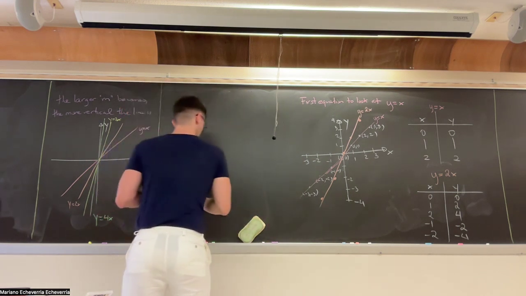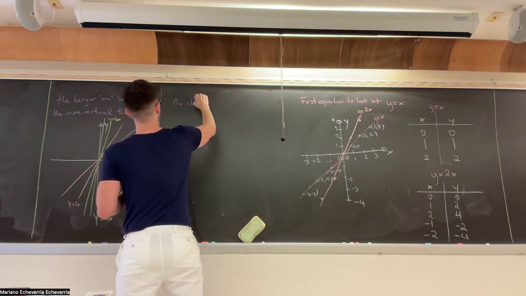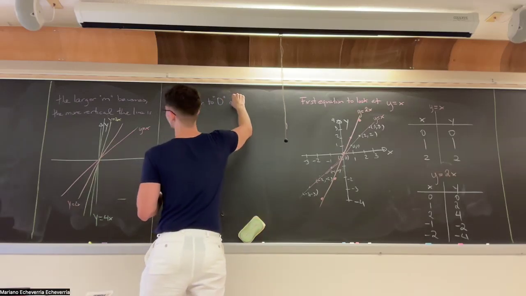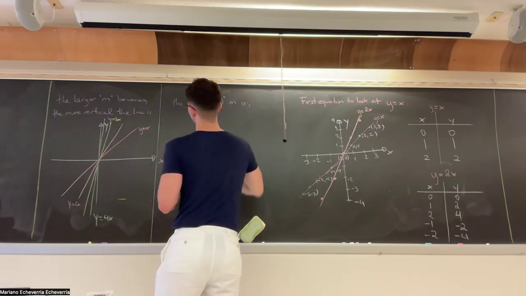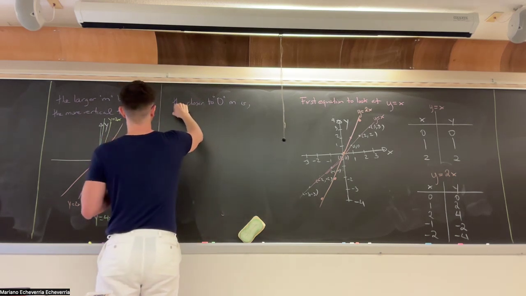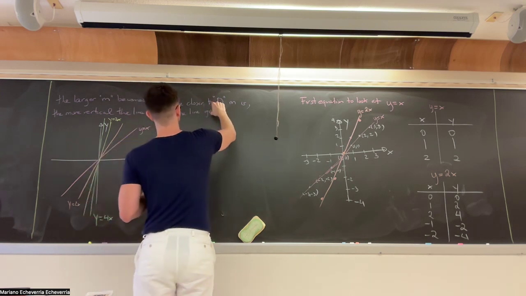The closer to 0 m is, the more horizontal the line gets.